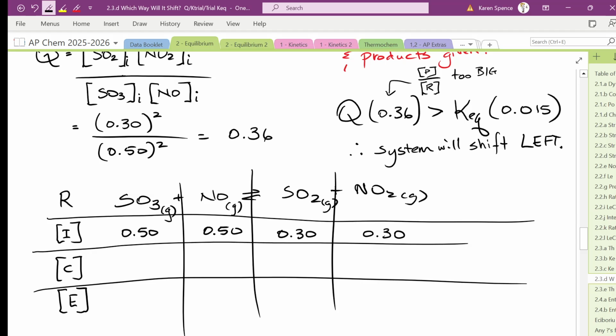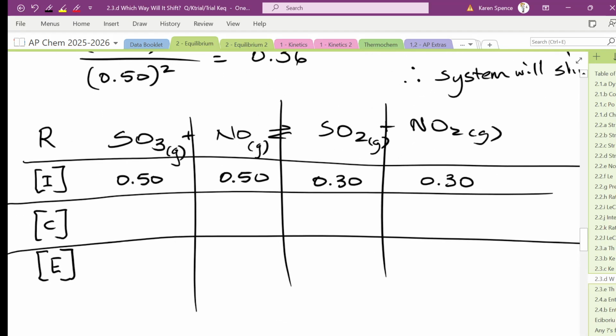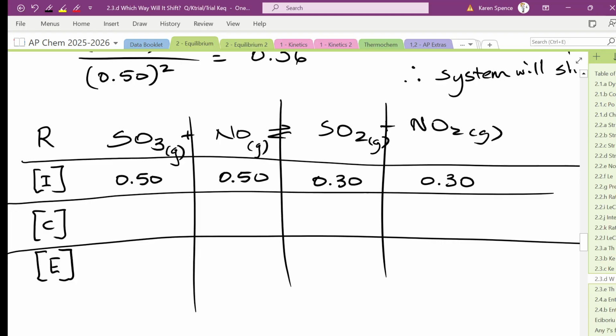So I'm just going to interrupt you for a moment here and say that often people will get to this point and they won't have done a Q because they're like, okay, I'm going rice. And they get to here and they say, I have more reactants than products, therefore it must shift to the right.